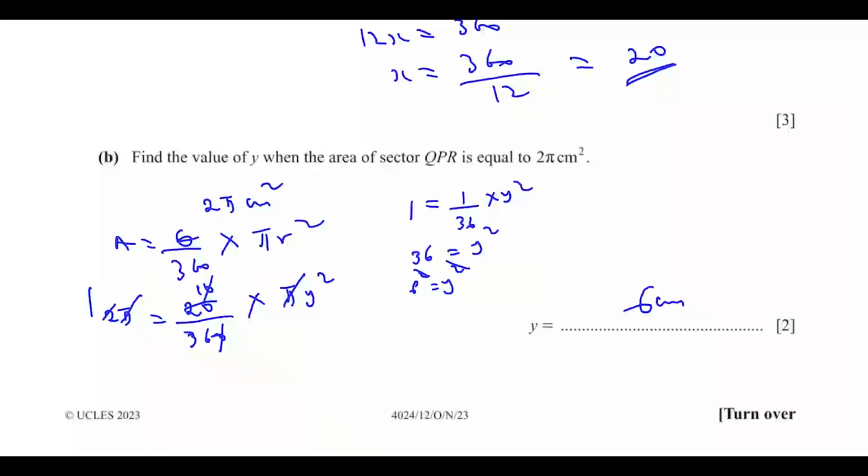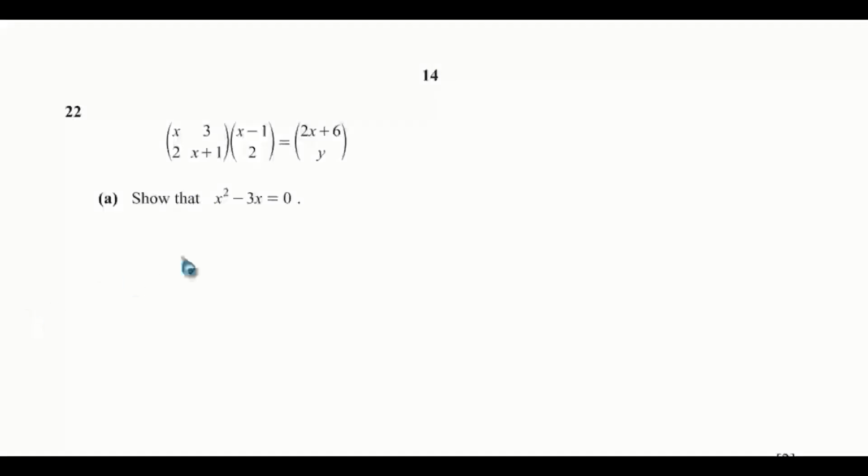That will be 22a. Show that x squared minus 3x equals 0. Let's multiply the row against the column here and equate it to the first row. That will be x into x minus 1 for the first pair, plus 3 multiplied by 2, equals 2x plus 6.